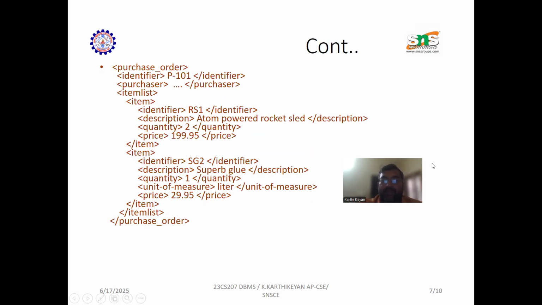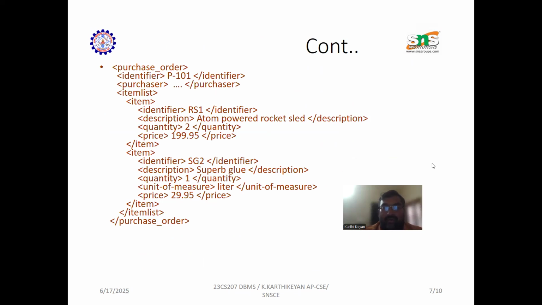Starting with one example, a purchase order. This is a purchase order I declare, with identifier P101, purchase value and item list. Item I declare with identifier RS1, description Atom Powered Rocket Shield, quantity 2, price 100 rupees 99.5 paise.